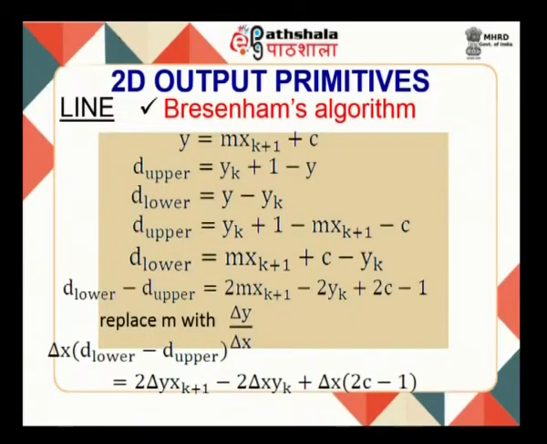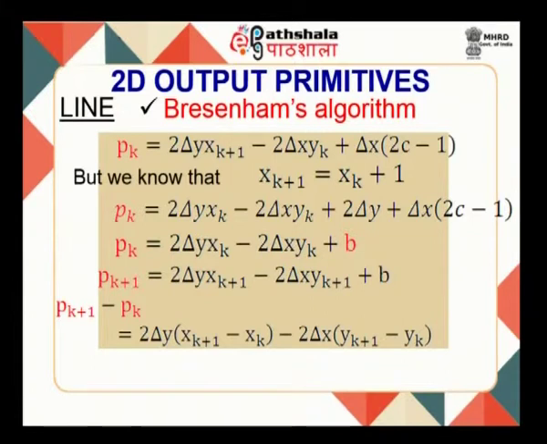So, p k is now called the decision parameter, and p k is nothing but the difference operation d lower minus d upper multiplied with delta x. Now, you can ask why we should go with delta x, what should we do with it? For lines whose slopes are positive, delta x will be positive.